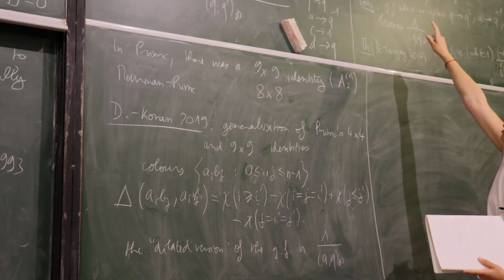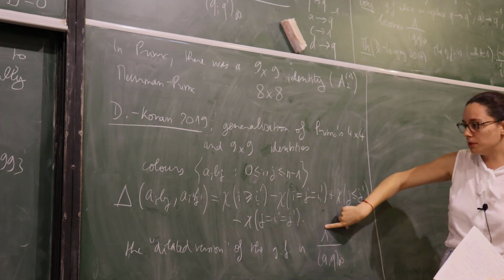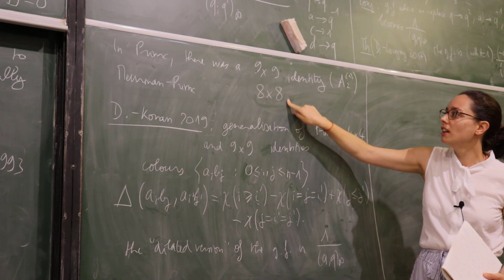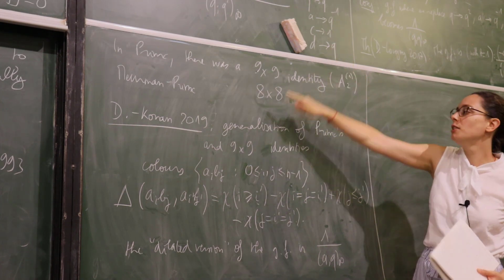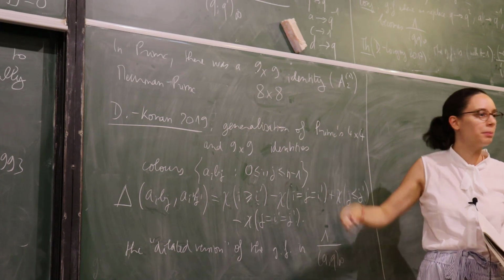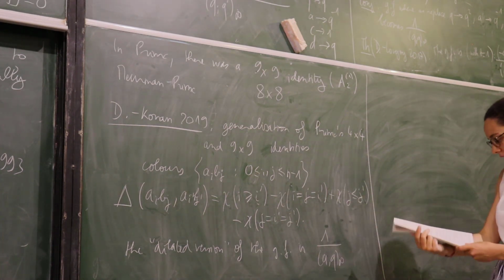And through generalization of my bijection here, we also proved a generalization of Capparelli's identity, which also contains this 8x8 identity of Nandi and Primc, and more generally an infinite family.